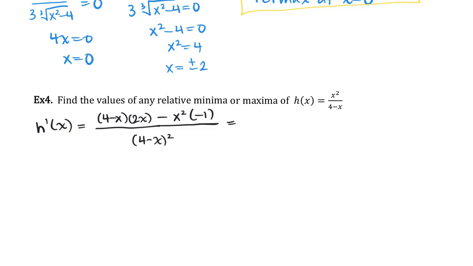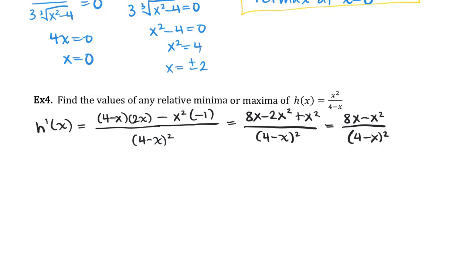Let's simplify this. 8x minus 2x squared plus x squared. Okay, so h prime of x equals 8x minus x squared over the quantity 4 minus x squared.